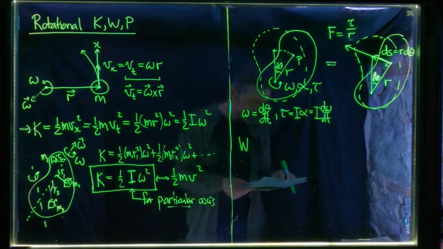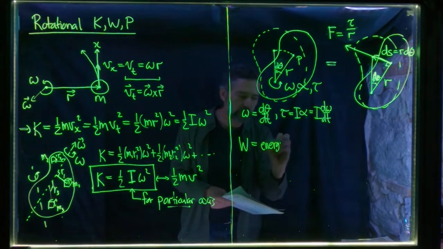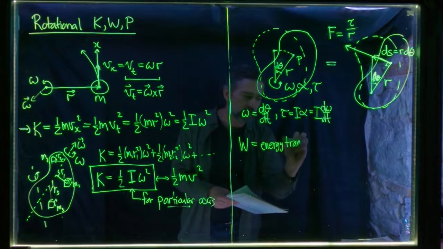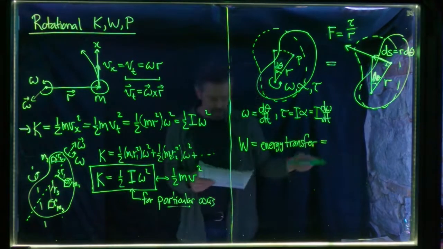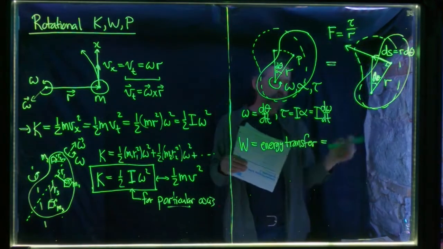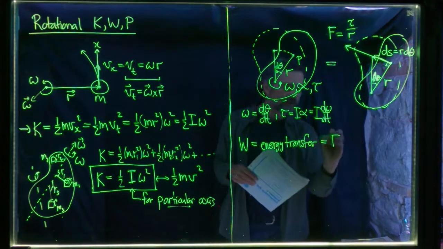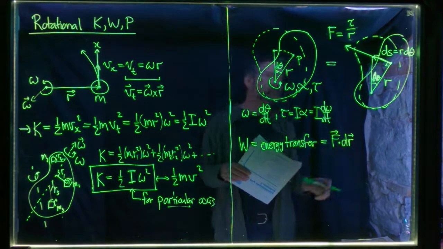Well, we can apply just the idea that work is energy transfer. That energy transfer, in linear or translational terms, is the vector dot product of the force and the infinitesimal displacement.